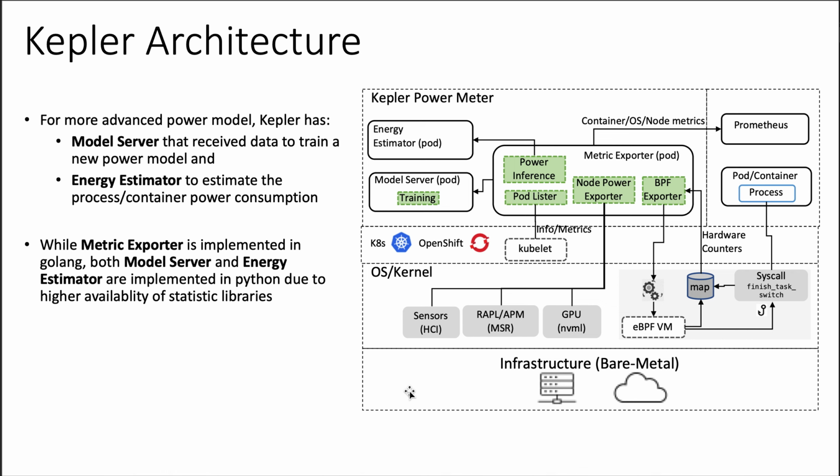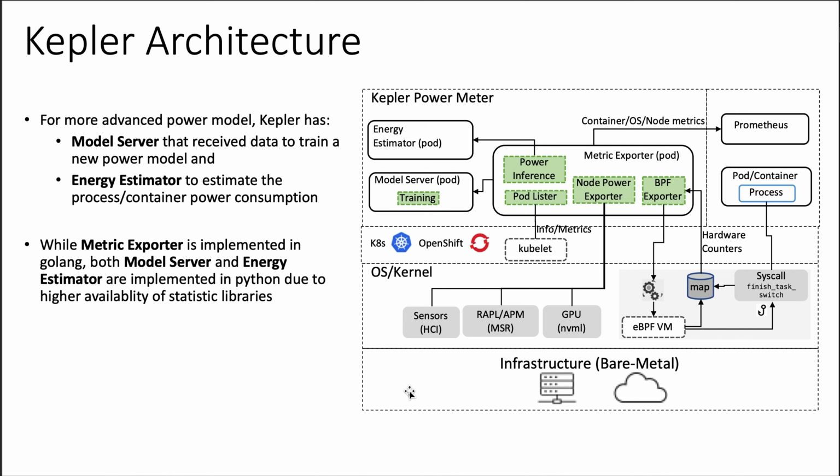And for more advanced power models, for example, using algorithms beyond linear regression, we have the model server and the energy estimator. The model server receives data from the metric exporter to train the new power model. Okay, and this new power model can be trained using nonlinear regression algorithms.